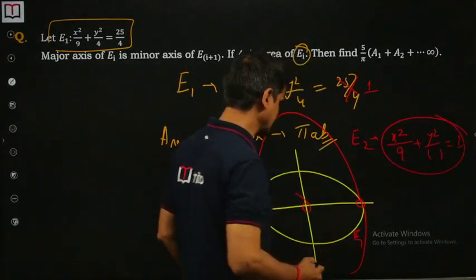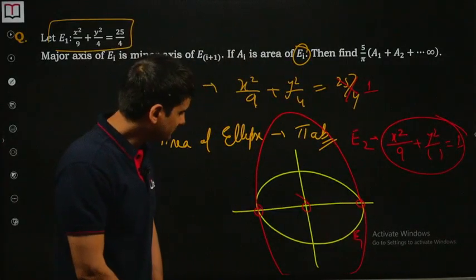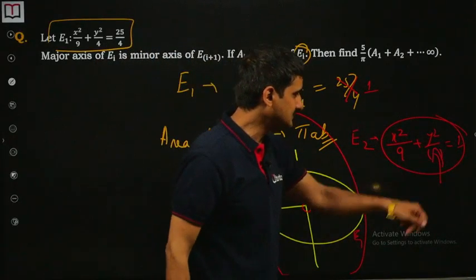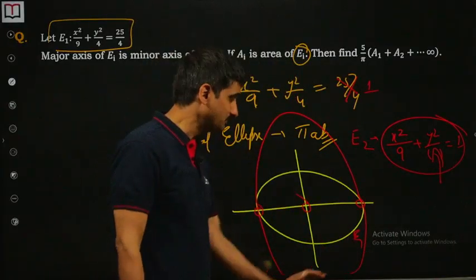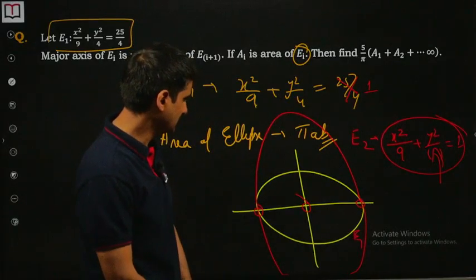Just giving that the major axis is the minor axis, is it sufficient to fix the ellipse? I don't think so. How will we get this number? The E2's major axis length. How will we get it is the question here, isn't that?